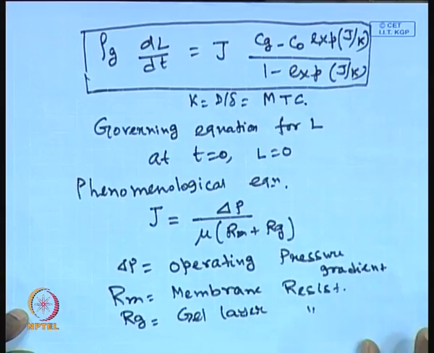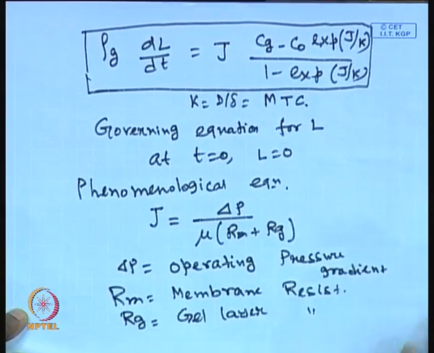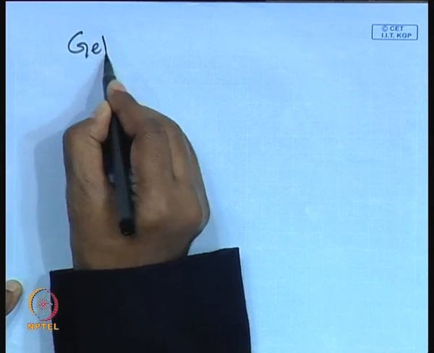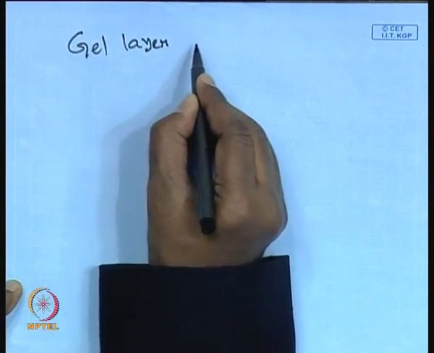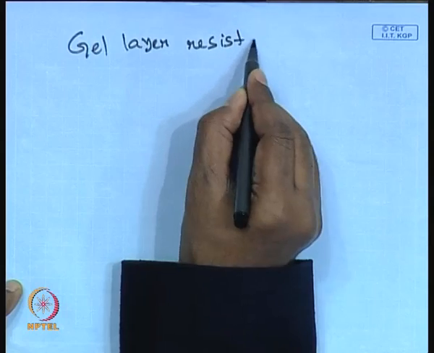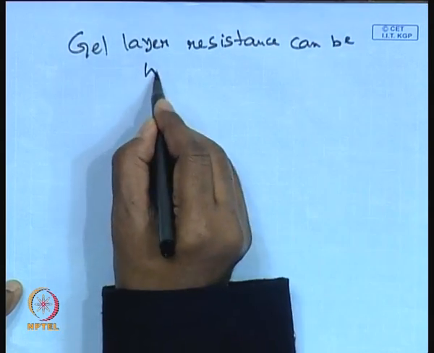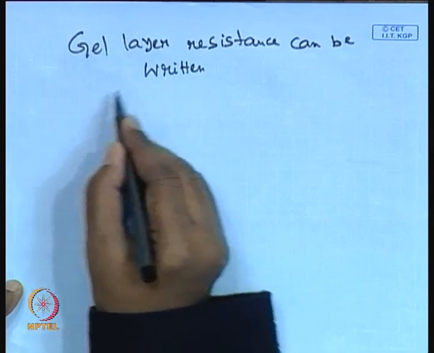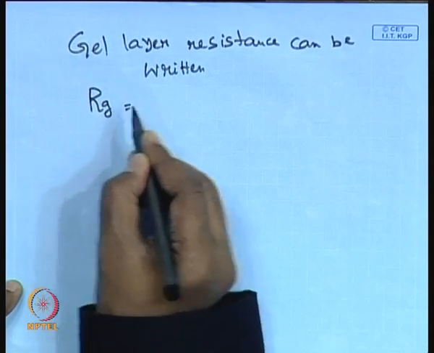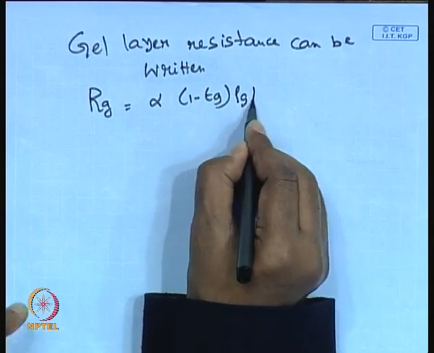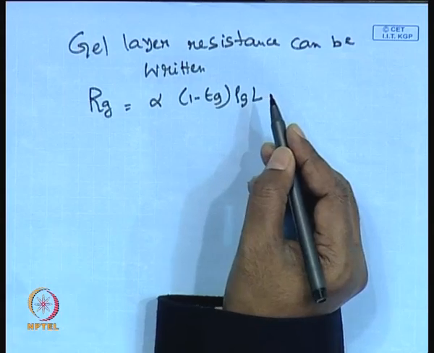Okay. Now, this gel layer we consider to be nothing but a cake sort of layer, a cake layer. Okay. So, gel layer resistance can be written as Rg is equal to alpha (1 minus epsilon g) rho g times L. What is alpha?